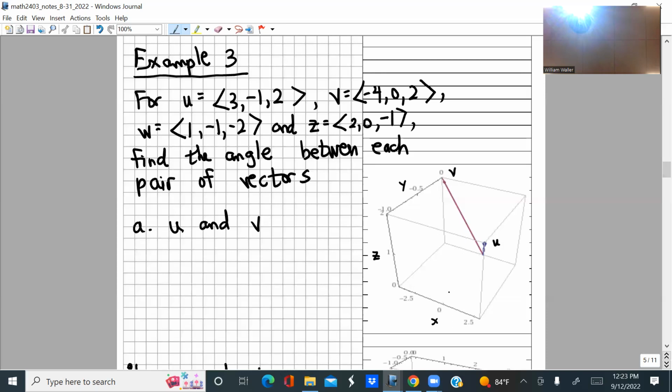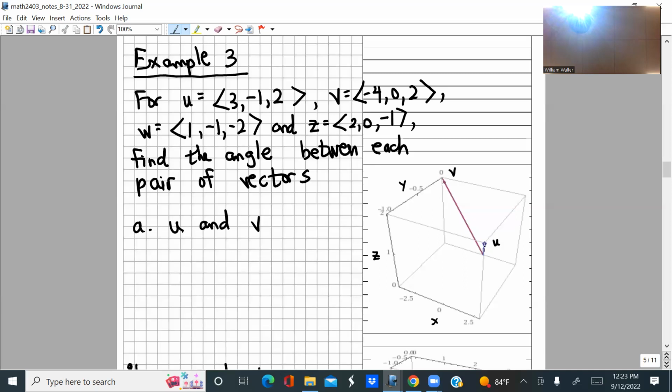I'm sorry, -4 on the x-axis. So apparently -4 on the x-axis is over here somewhere. And then 2 on the z-axis. This is just the way they've got this box drawn. That vector's in the corner of this box.